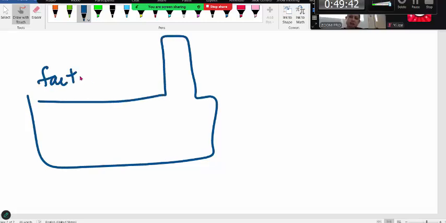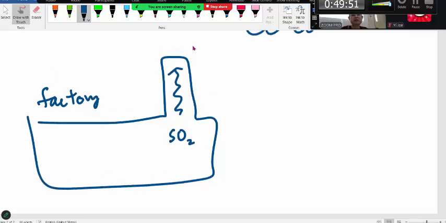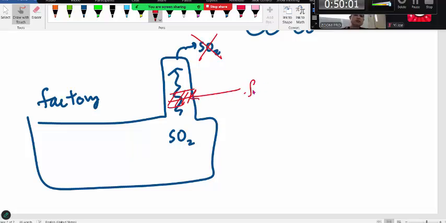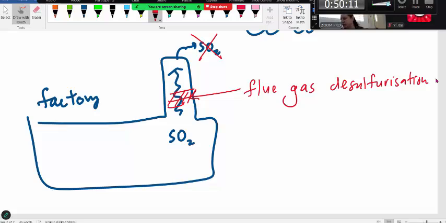What about if it's a factory? Something like that. So they release sulfur dioxide. So what they can do to stop the sulfur dioxide is something called flue gas desulfurization. Okay?